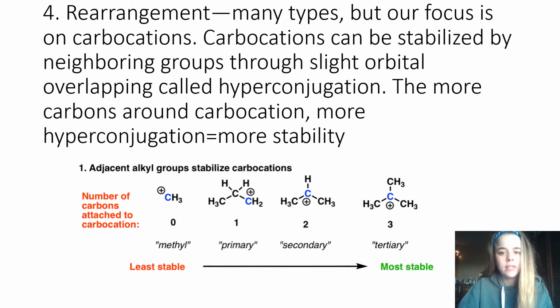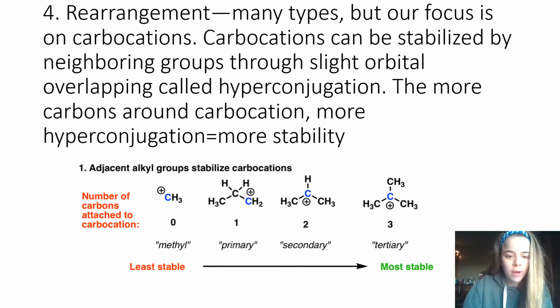Carbocations have an empty p orbital and therefore are stabilized by neighboring groups through slight orbital overlapping called hyperconjugation. So the more carbons around a carbocation, the more hyperconjugation, and hence the more stability. So we really want more carbons, just look for that.